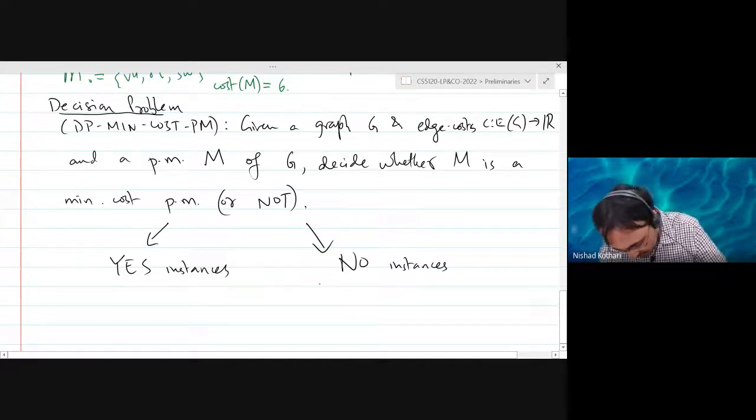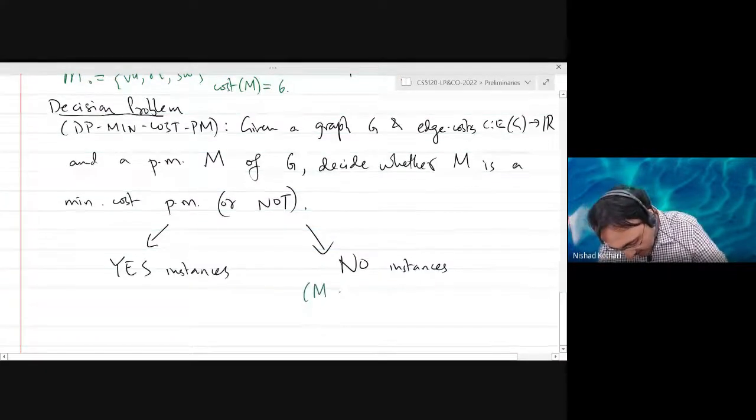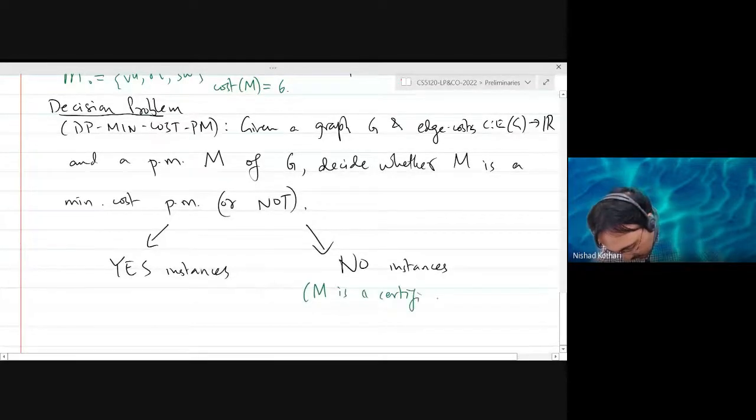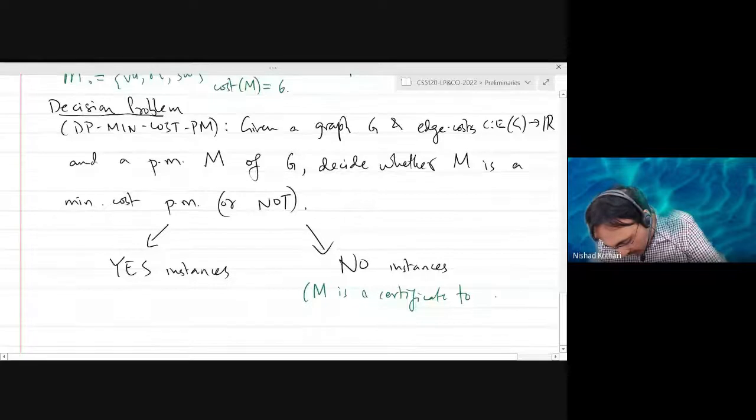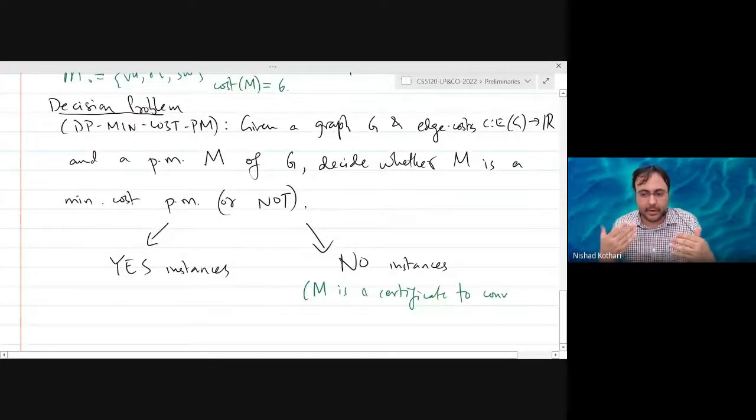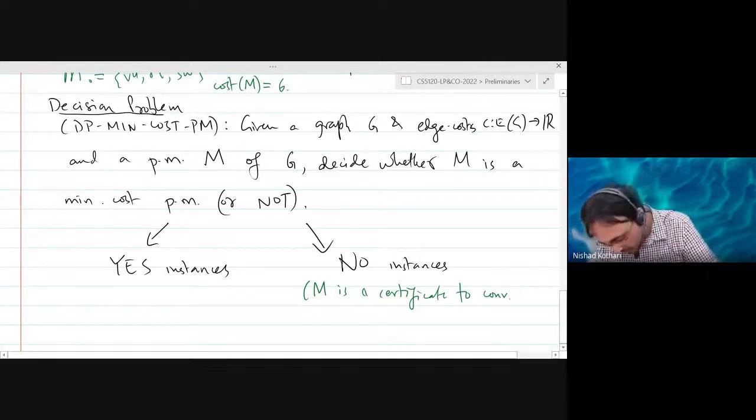So observe that in our example, M is a certificate to convince someone. We are going to use the term certificate because it certifies that the given perfect matching N is not a minimum cost perfect matching.